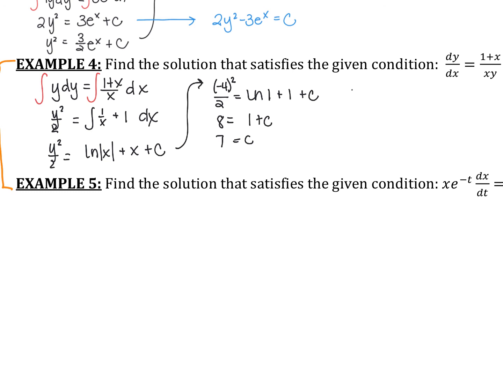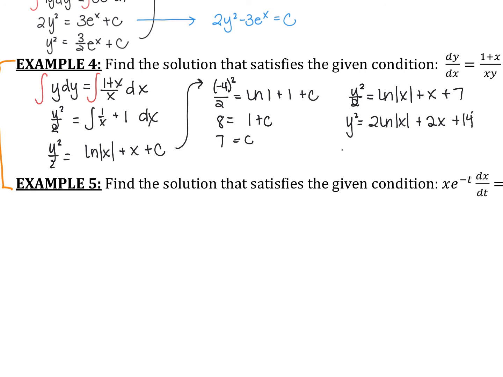So we get this equation: y squared over 2 equals the natural log of the absolute value of x plus 7. Okay, I'm going to multiply everything by 2, so we get y squared equals 2 natural log of the absolute value of x plus 2x plus 14.